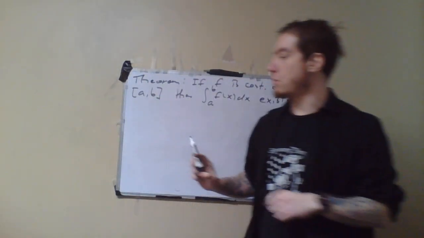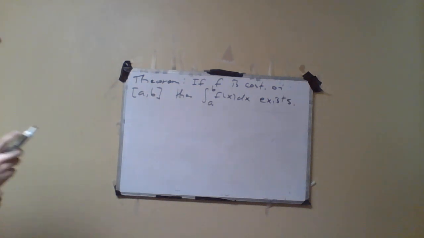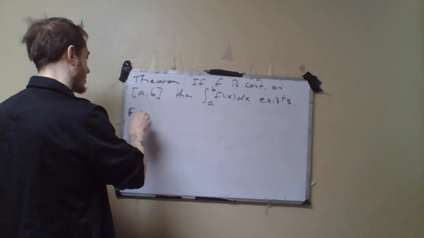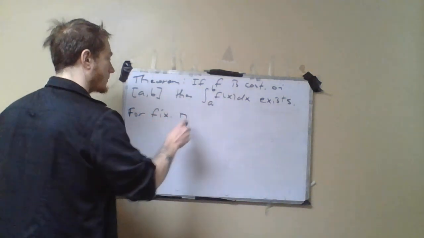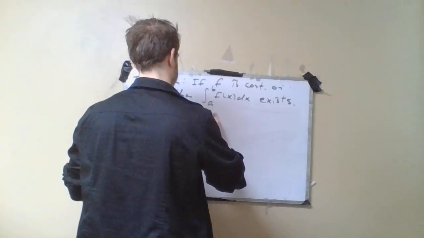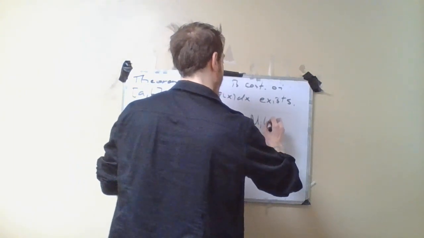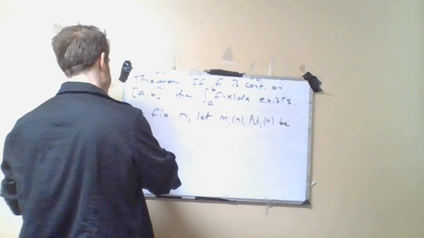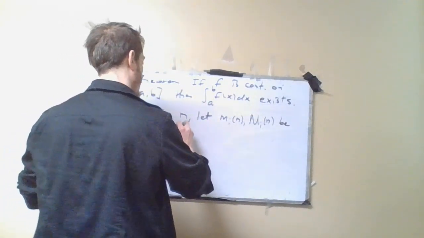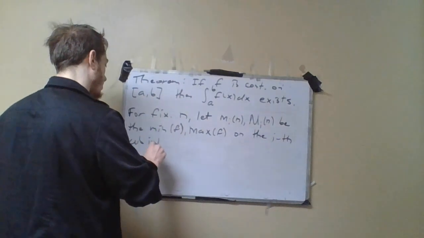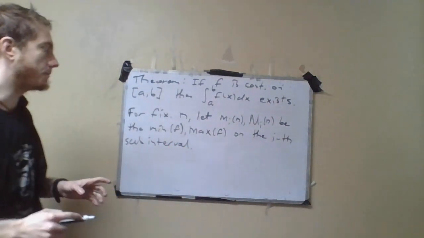Here is the way that we're going to prove this. What I want to do is, for each n, or for some fixed n, let m_i of n and capital M_i of n be the minimum of f and the maximum of f on the ith subinterval for the Riemann sum.